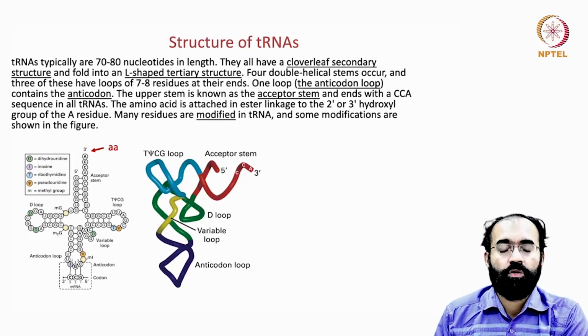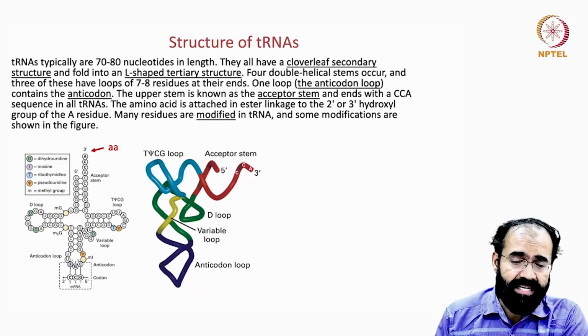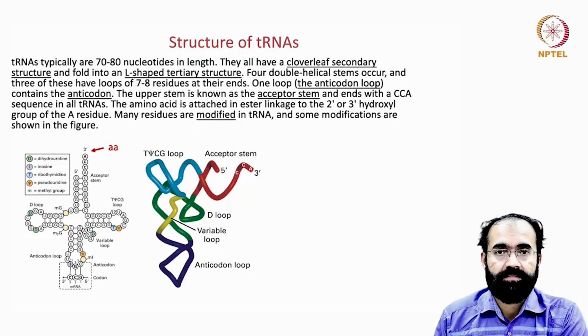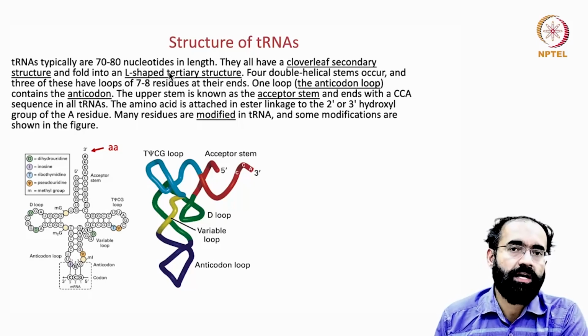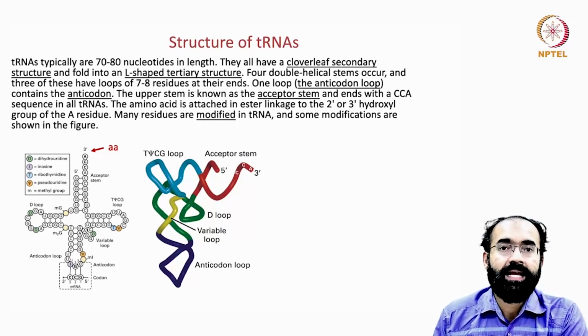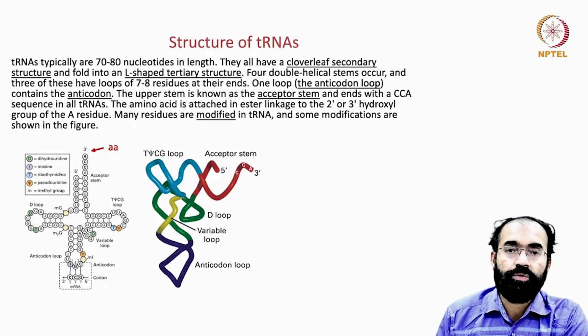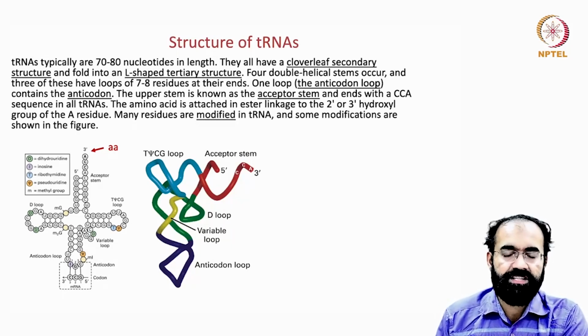Now let us look into the structure of tRNAs. tRNAs are roughly 70 to 80 nucleotides in length. The initial transcript is much longer and undergoes maturation, splicing, etc. They all have a clover leaf secondary structure and fold into an L-shaped tertiary structure.